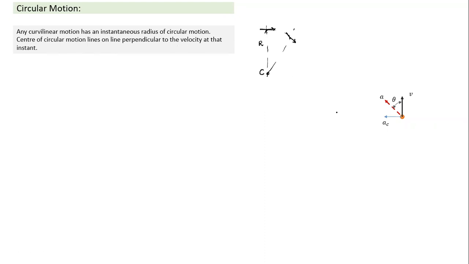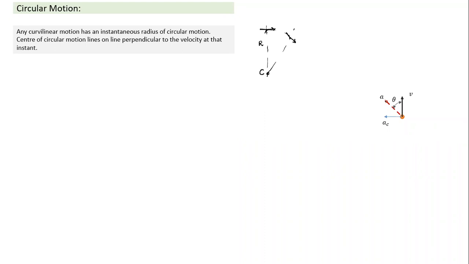So let's take this case here. Suppose there's a velocity here. Taking a curved path, the instantaneous radius of circular motion depends on the combination of velocity and acceleration. That's what we are trying to find out. See, this is the velocity here, and what is the acceleration?